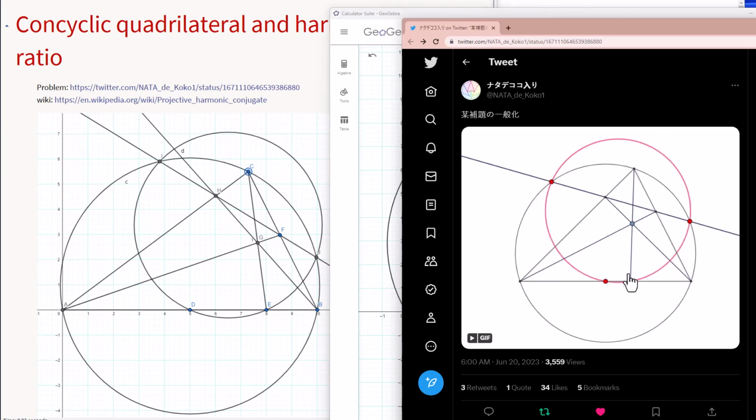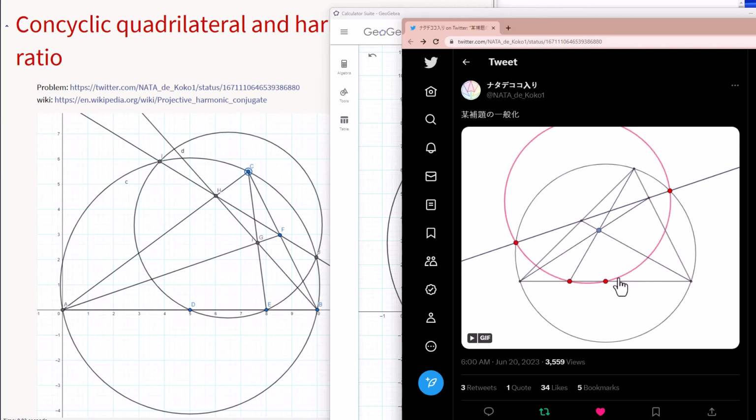You connect the vertex to the chosen point, and draw two other Cevians so that all three segments are concurrent at a point. Regardless of how you move this point, you will have these 4 points on the same circle. So it's a concyclic quadrilateral formed by these 4 points.